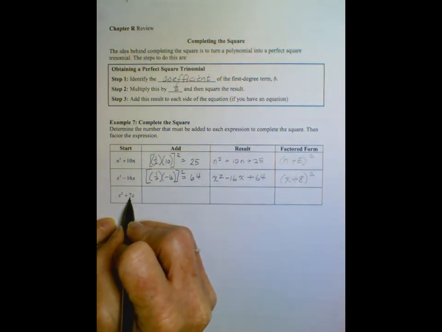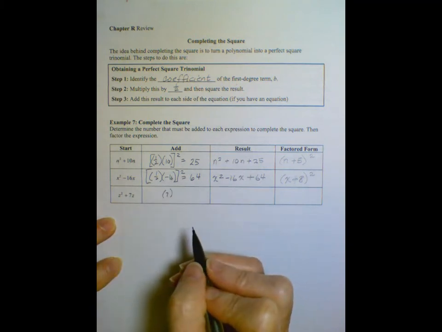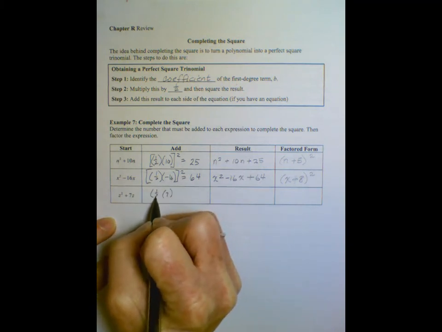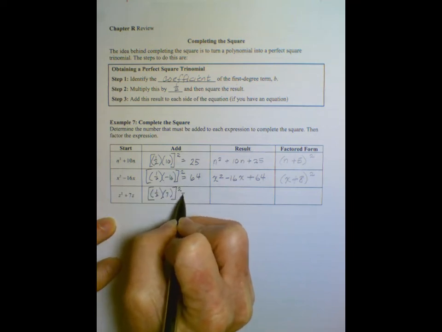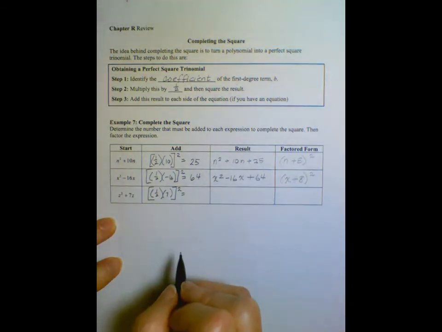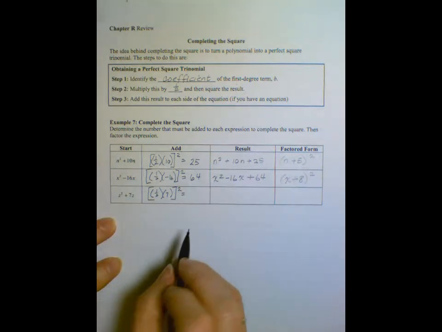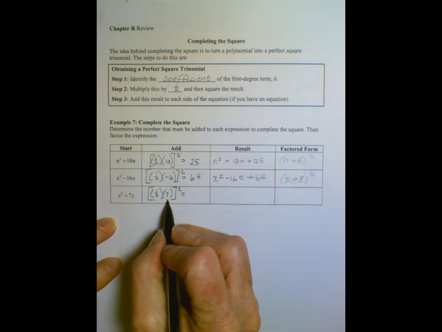Okay, last one. Identify b. It's 7. That's the coefficient of the first degree term. Multiply 7 by 1/2. Not quite as pretty as what we've been seeing. Well, what's half of 7? Let's not use decimals. We're not going to use decimals in college algebra unless it's an application problem and decimals are called for and we're given rounding instructions. So this will be a fraction.